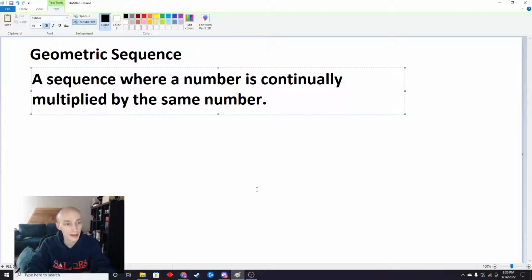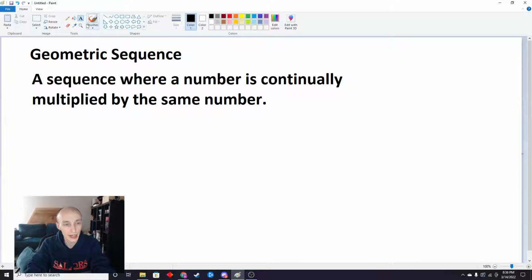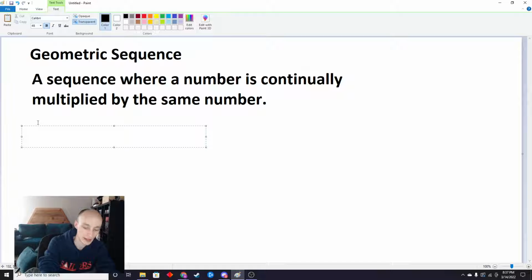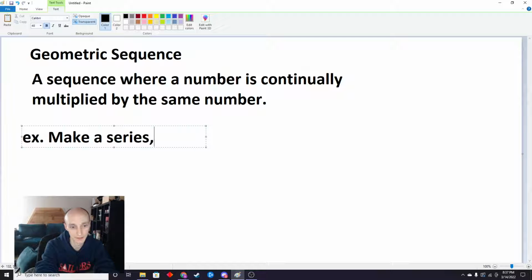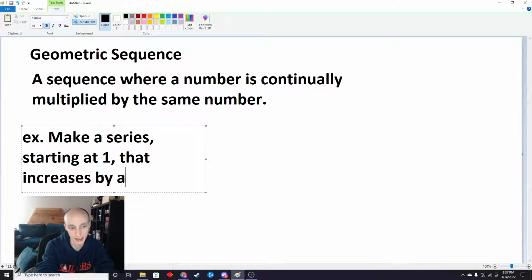So what does that mean? Let's say we'll do an example here. Make a series starting at 1 that increases by, we'll just say, increases by 2 each time.